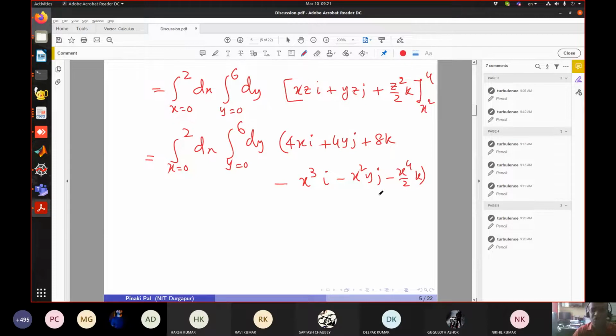So now we have a function of x and y. We have to complete this double integral and you will get a vector.